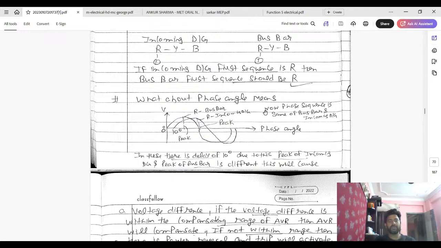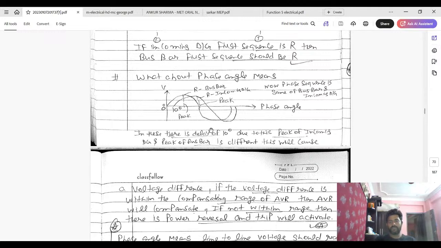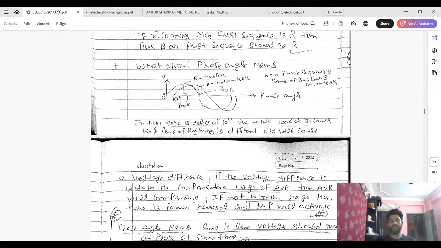If the voltage difference is within the range of the AVR, then AVR will compensate. Otherwise, if not within the range, power reversal happens and it will trip the generator.